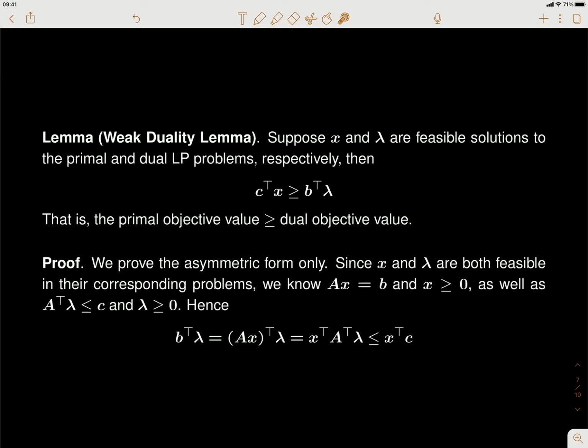Okay, so now let's give a series of properties of the linear program and its dual problem.